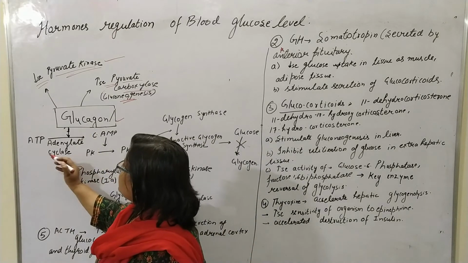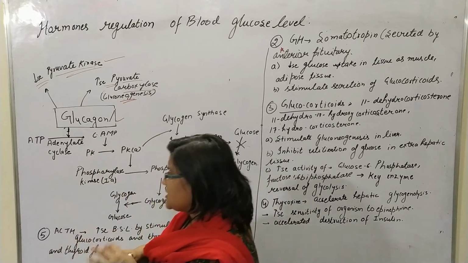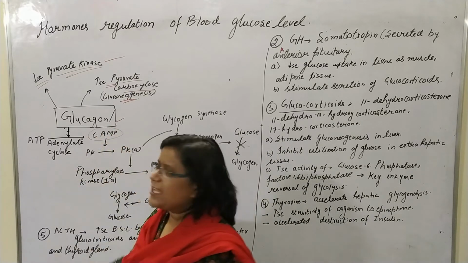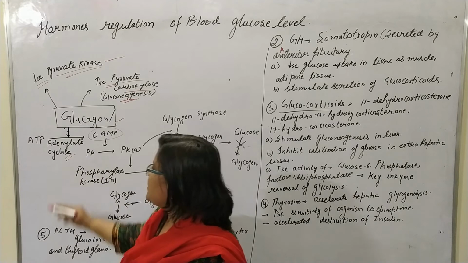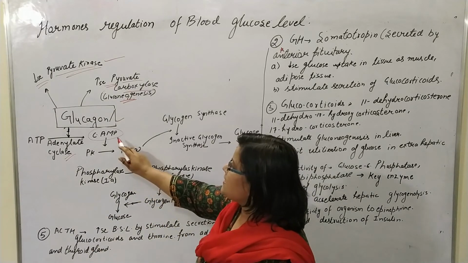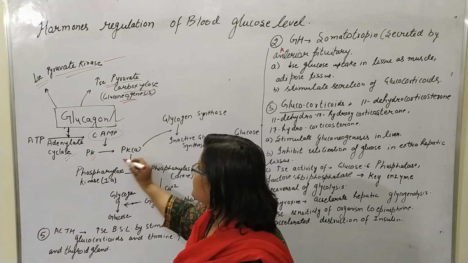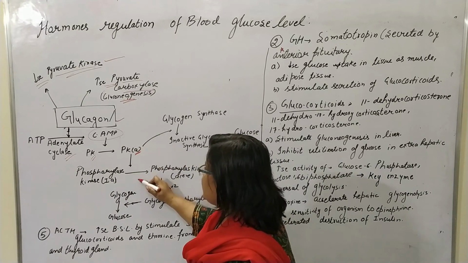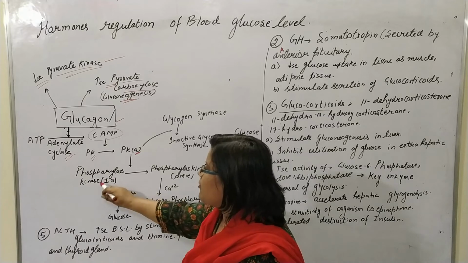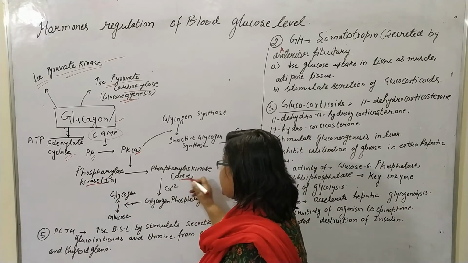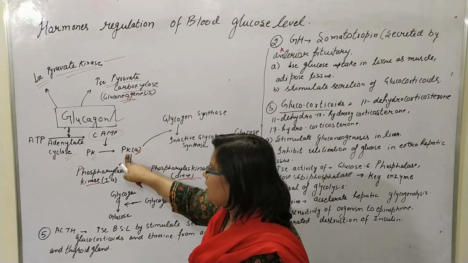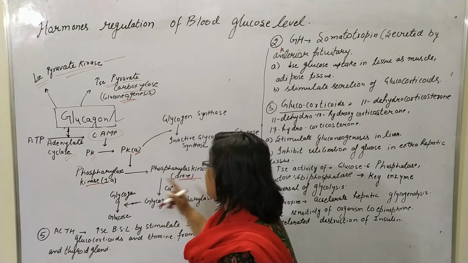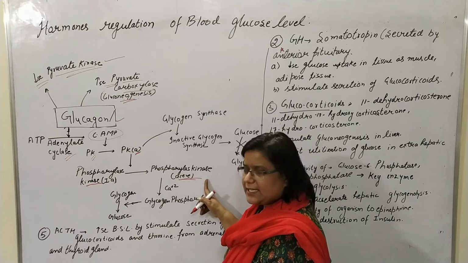Now the glucagon also has a different mechanism. It increases the cyclic AMP by activating the adenylate cyclase enzyme, and this cyclic AMP converts the protein kinase into its active form. A represents the active form, and this protein kinase will convert the inactive phosphorylase kinase enzyme into the active phosphorylase kinase.